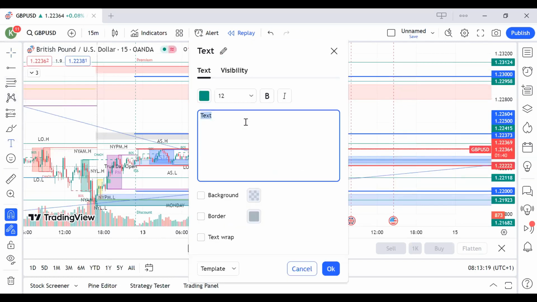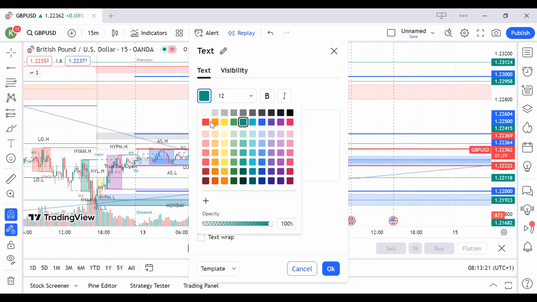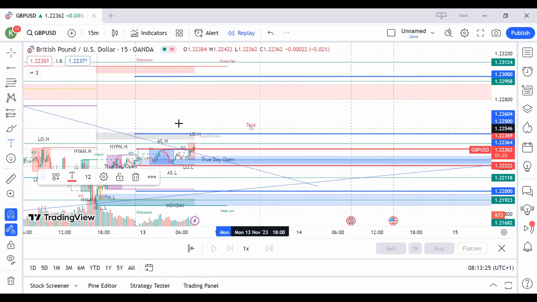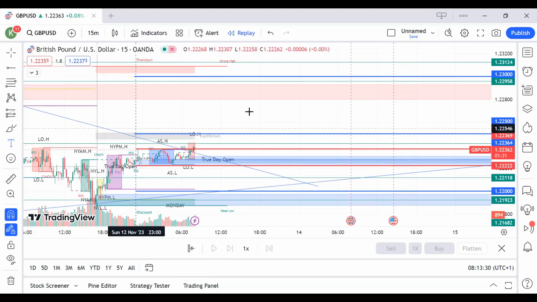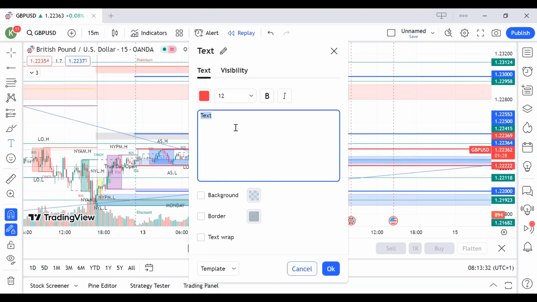What are the factors? Usually we put it in red. What are the factors for our entries? First of all, we look at trends. We look at cycle level. We look at price actions.